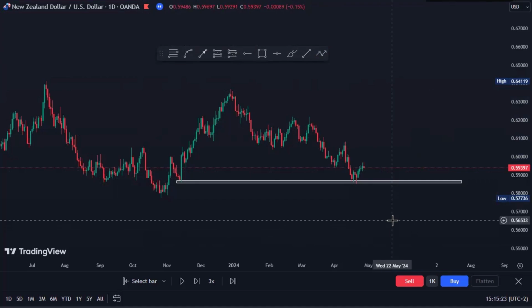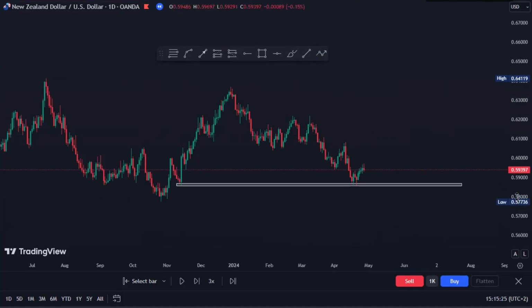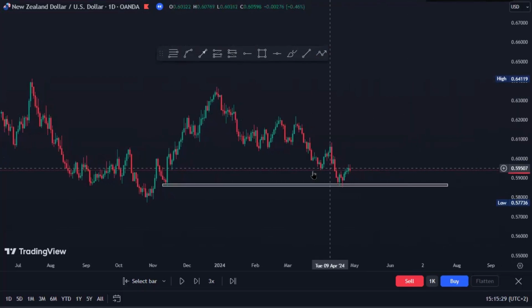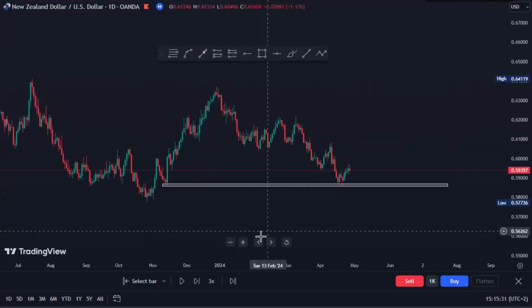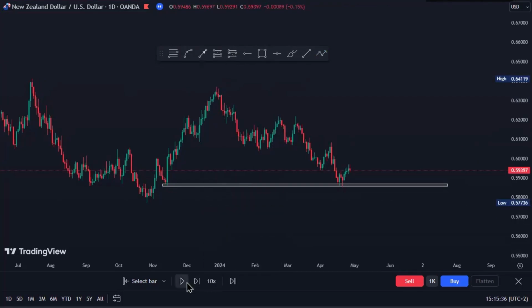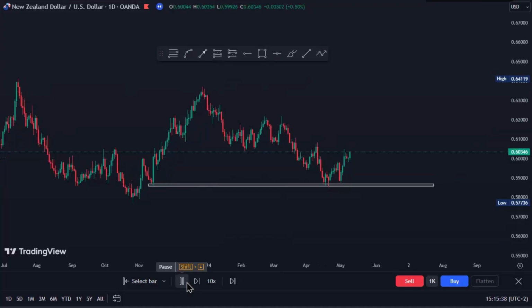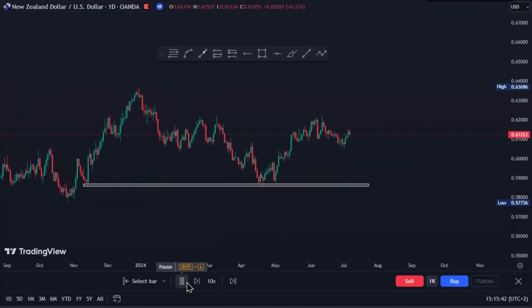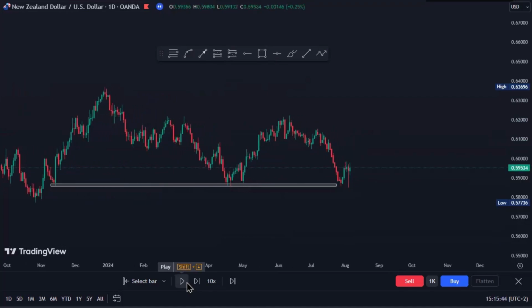So let's see what I'm talking about. Let's go again. I want us to identify this area. Okay, let's start with this one. Let's fast forward and see how the market is going to react. We go back again. The market is approaching the area again.